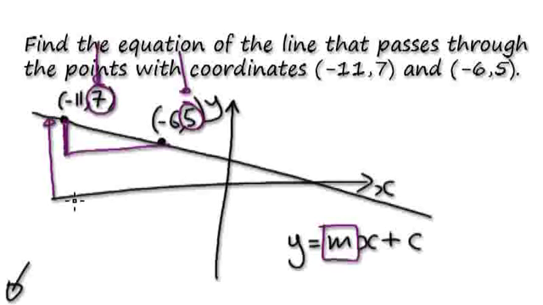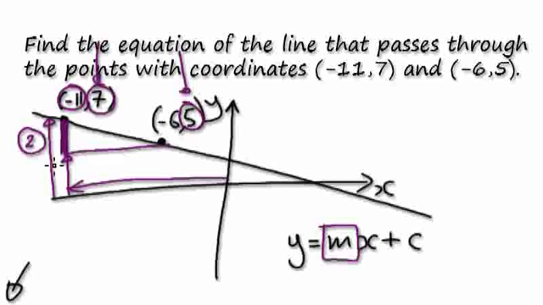From here to here is 7, and from here to here is 5, so this length is 2. For the width, I know it's minus 11, but the actual distance is 11, and from here to here is 5, so this distance must be 6.